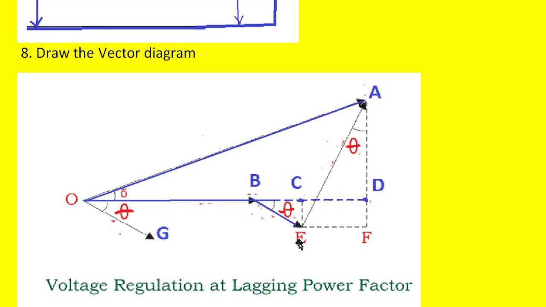And from E, draw a perpendicular line to this BD, so that we get a point on the BD line at point C.